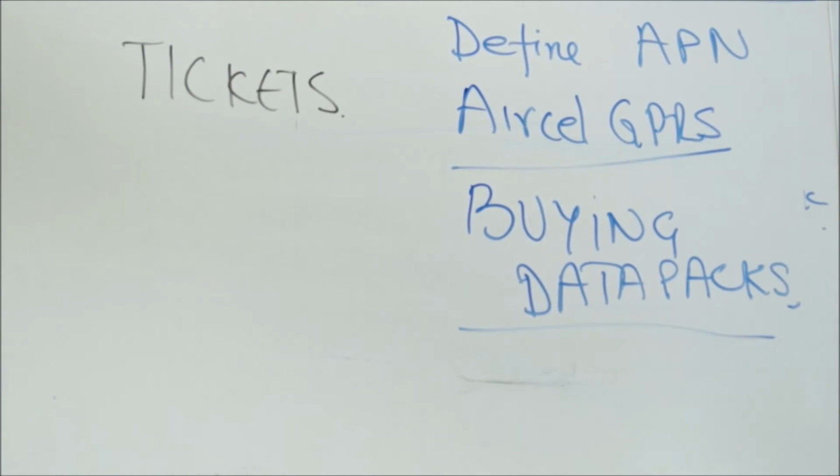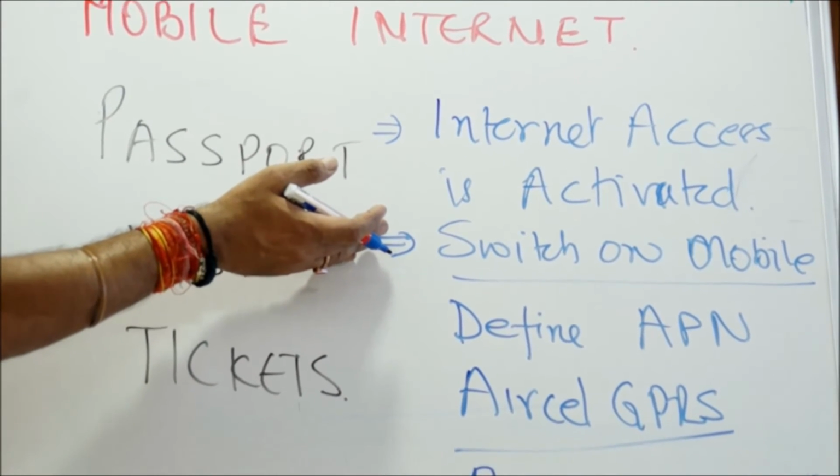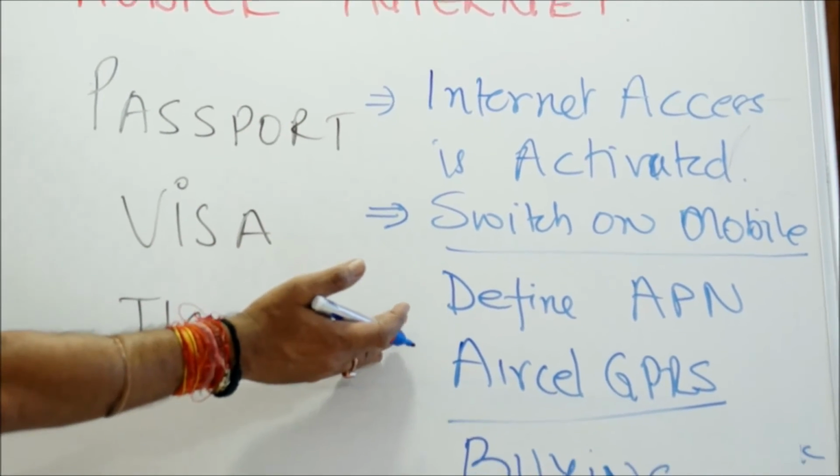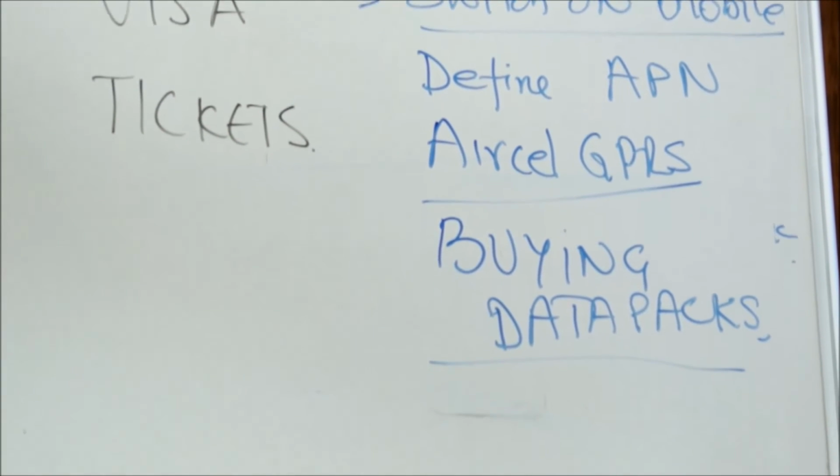So to access the internet on the mobile, it has to be configured by the service provider. The data has to be switched on the mobile. You should have an APN, and you should have bought an internet data pack.